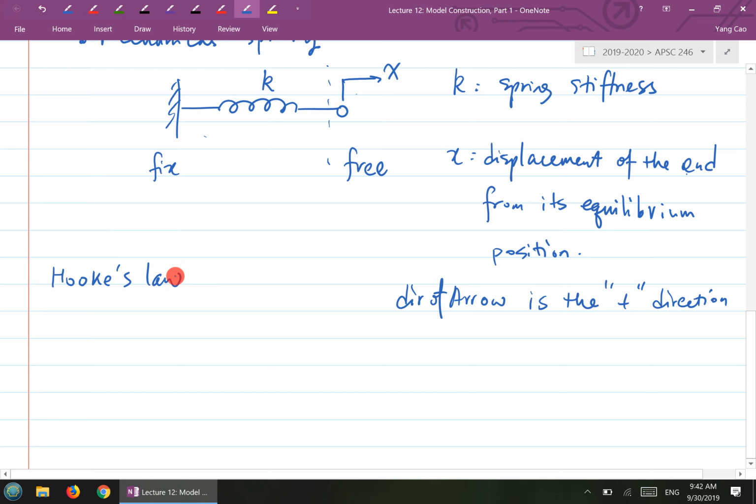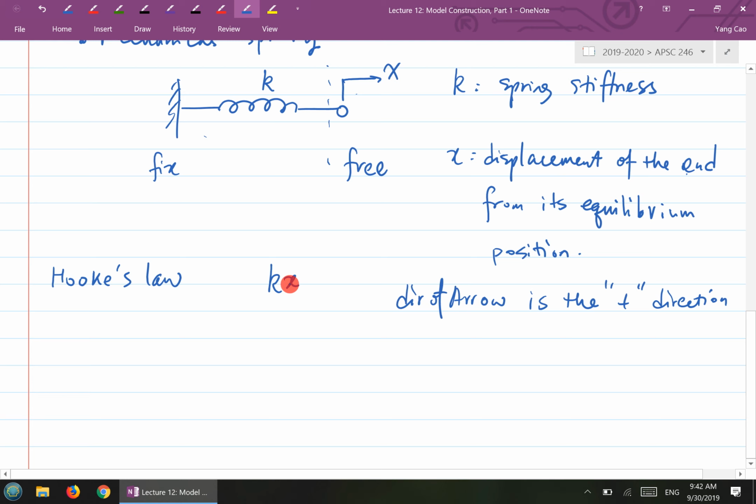Hooke's law says that when you have a spring and you elongate or compress it by an amount x, there will be an equivalent amount of force equal to k times x.